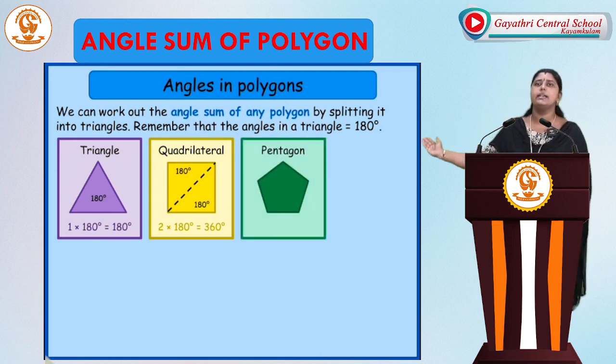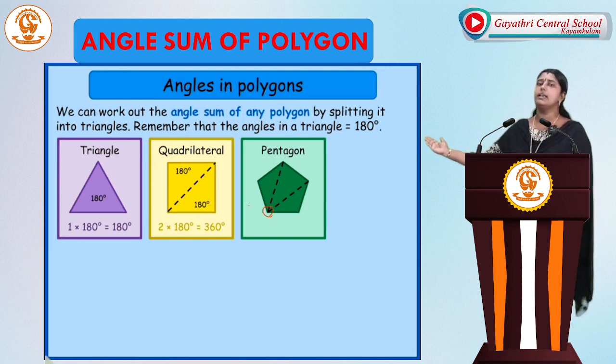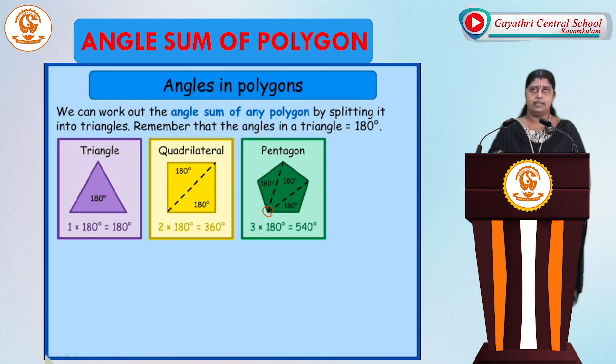Then in a pentagon, there are 5 sides, and 5 minus 2 triangles, that is 3 triangles. So 3 into 180 will be the sum of interior angles. 3 into 180 is 540 degrees.